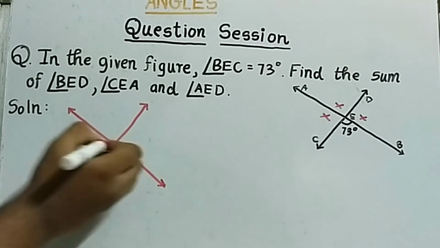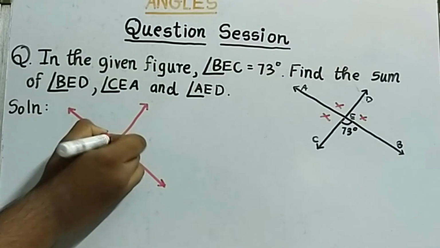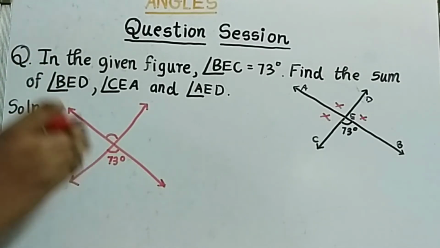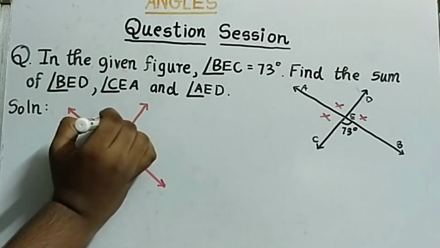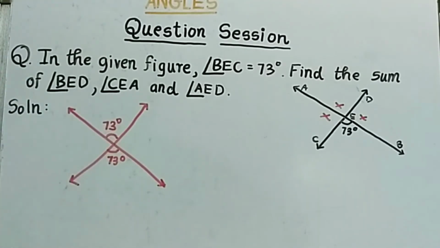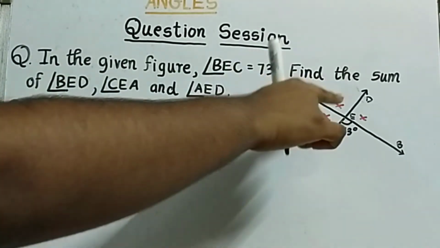So angle AED is the vertically opposite angle of BEC. So this is also 73 degrees because they are always equal. So this is one angle that we have found.